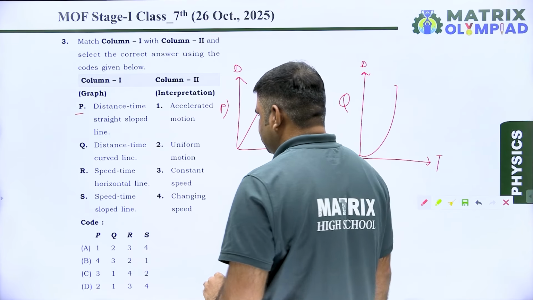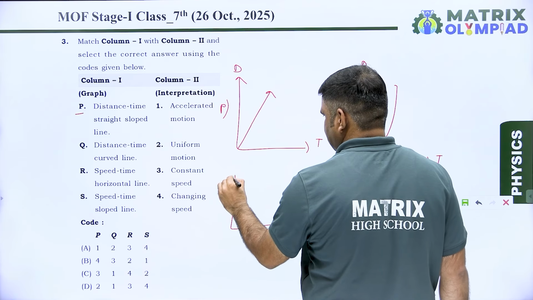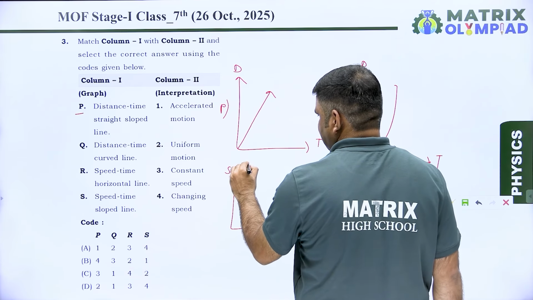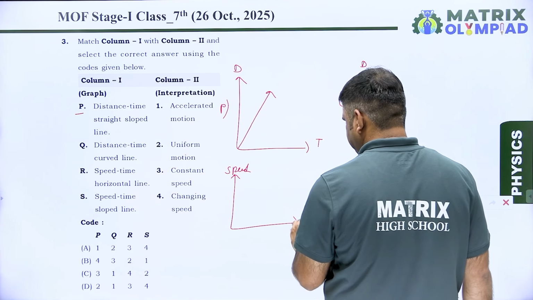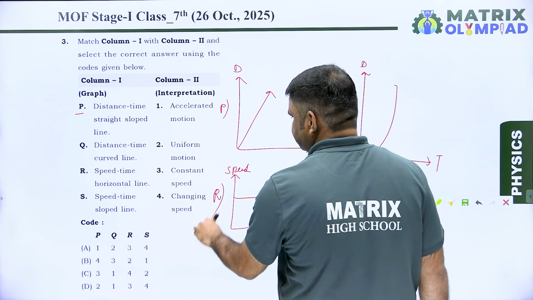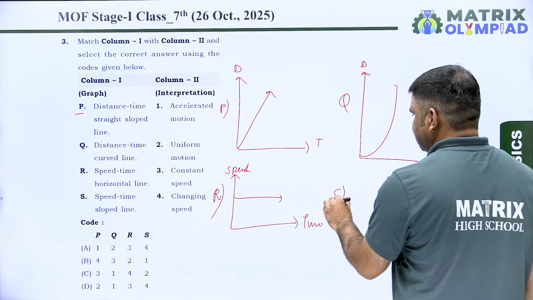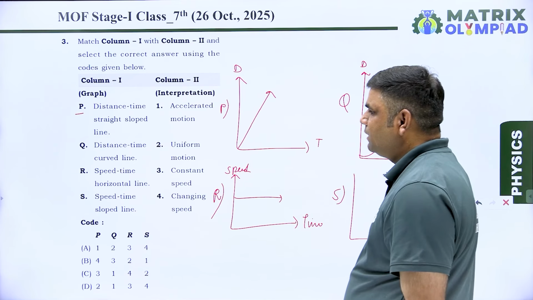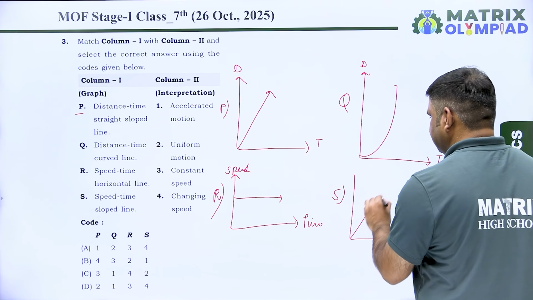R, speed, time, horizontal line. S, speed, time, sloped line, like this.